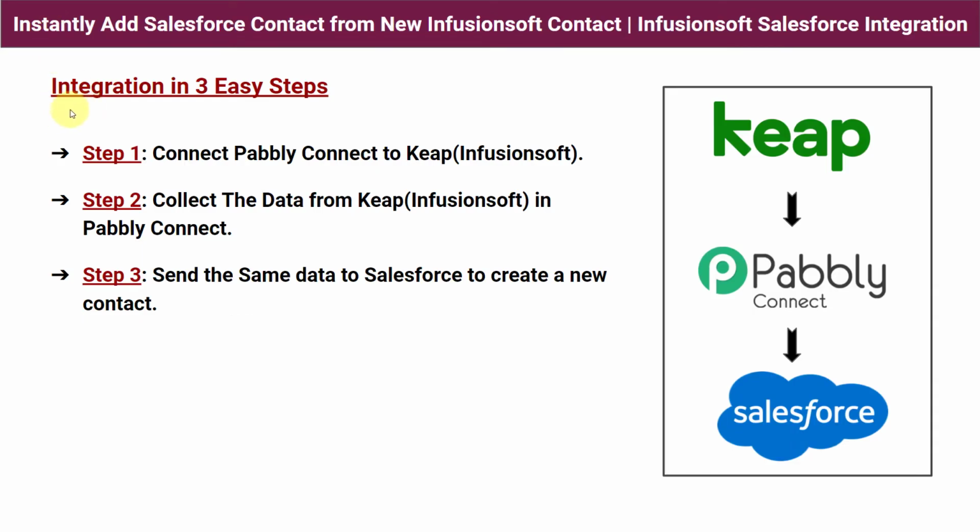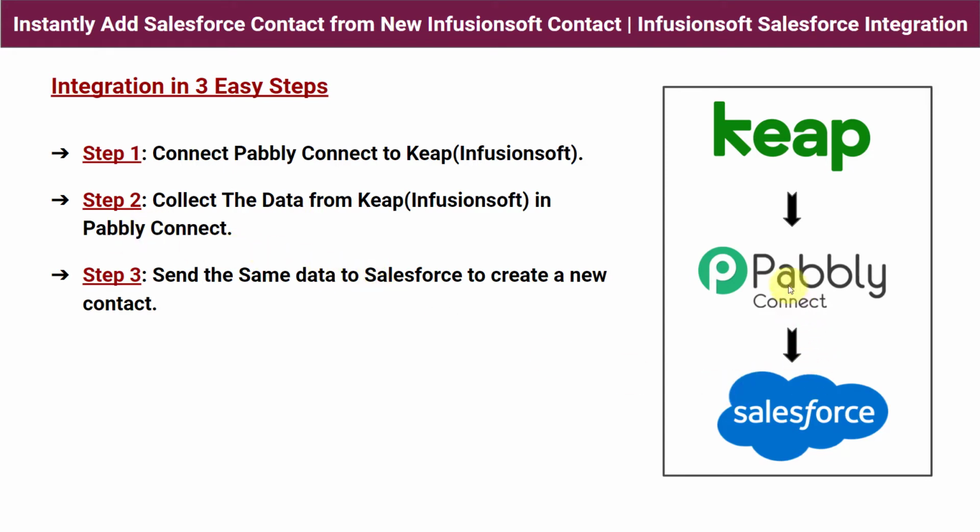So guys, these are the 3 easy steps by which you can also make this integration or connection between your Keep application and Salesforce. Okay, so step 1 is connect Pabbly Connect to Keep or Infusionsoft. First of all, we are going to open Pabbly Connect and connect our Keep CRM with Pabbly Connect. And step 2 is collect the data from Keep in Pabbly Connect.